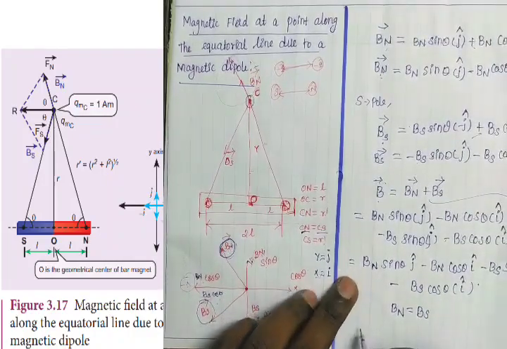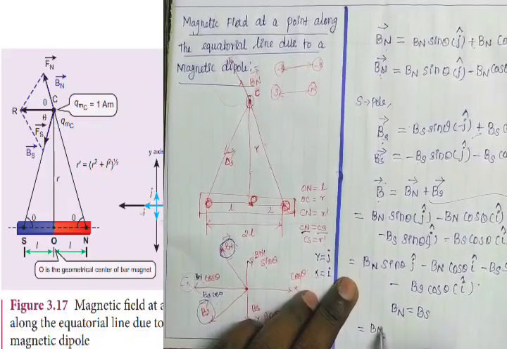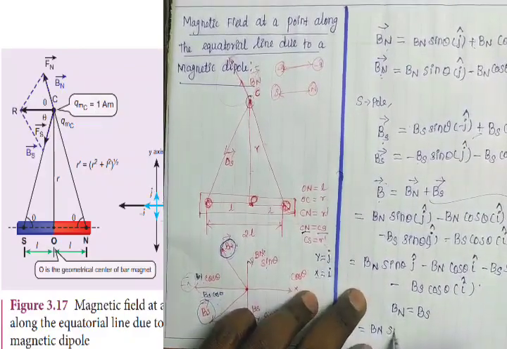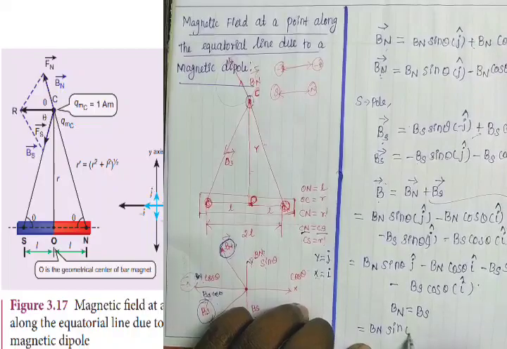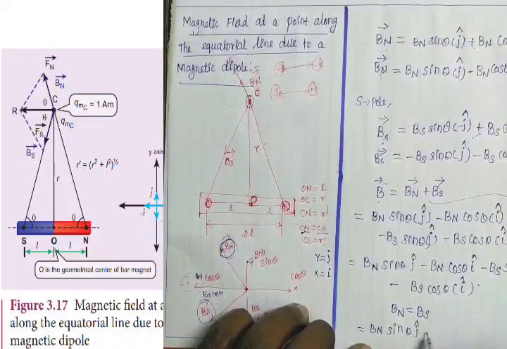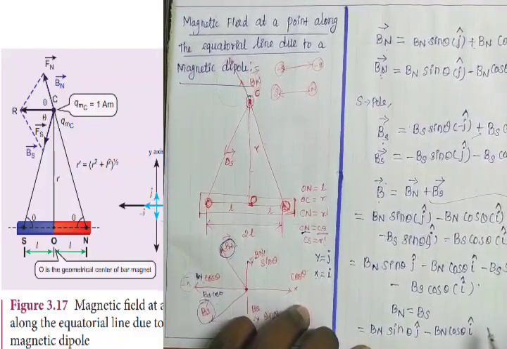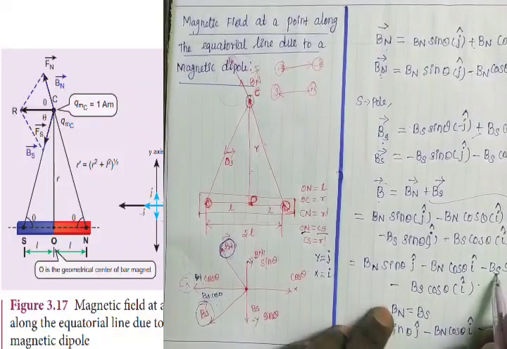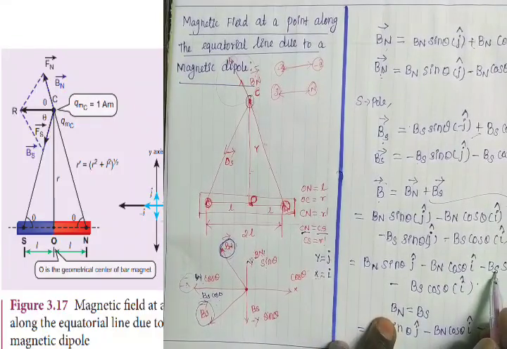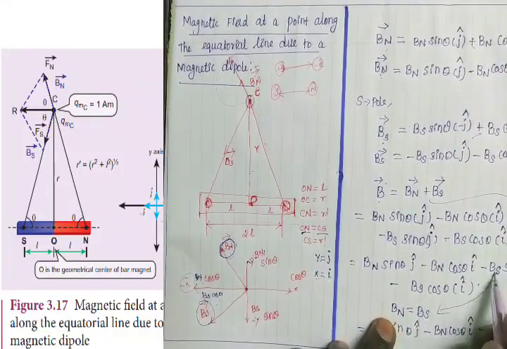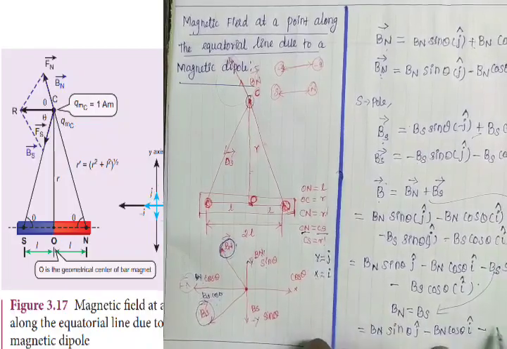So from the above equation, Bn same. So Bn sin theta j cap minus Bn cos theta i cap minus, Bs value is equal to Bn. Here see, Bs value is equal to Bn.